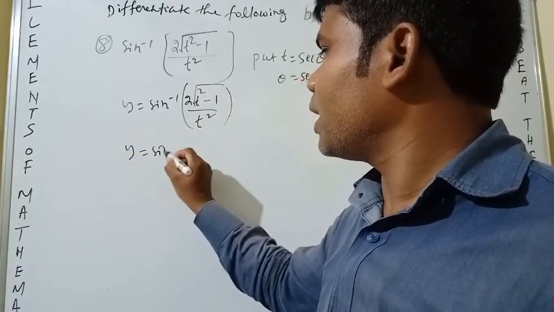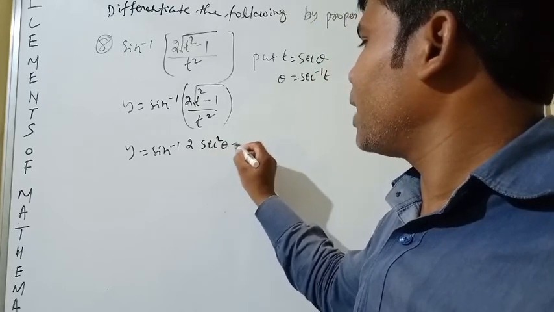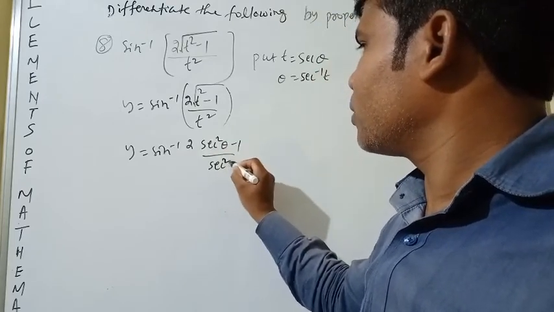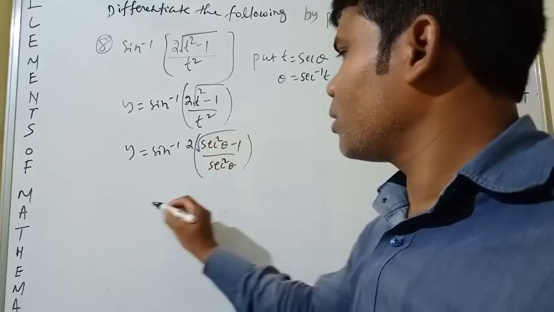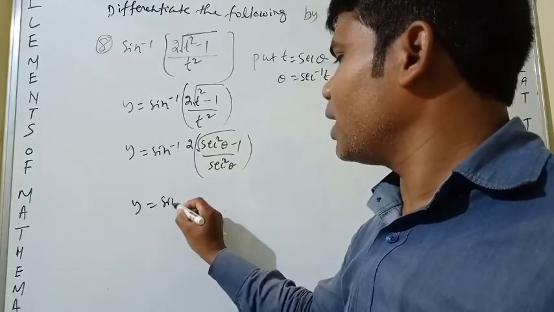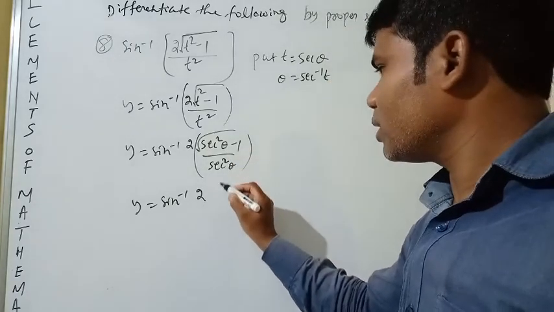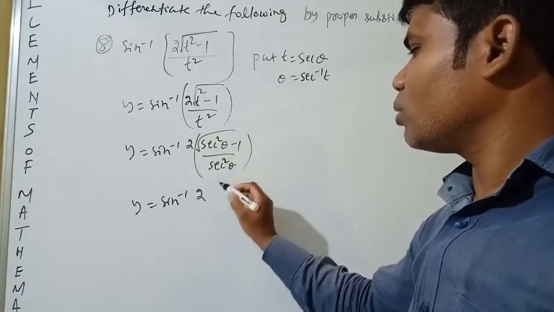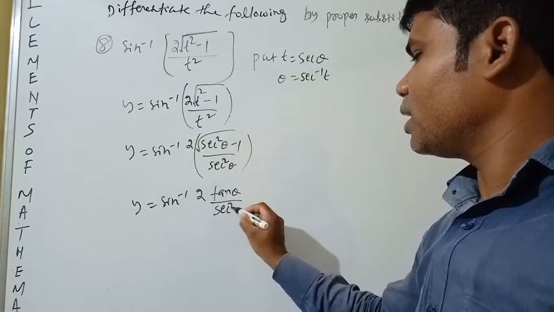Y is equal to sin inverse of 2 root over sec square theta minus 1 by sec square theta. Sec square theta minus 1, that is tan square theta, root, that is tan theta by sec square theta.